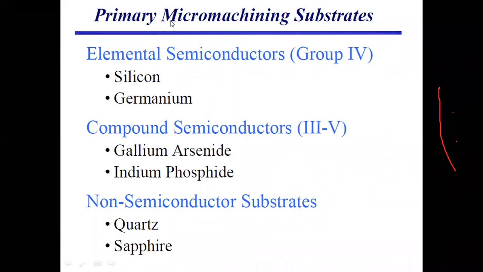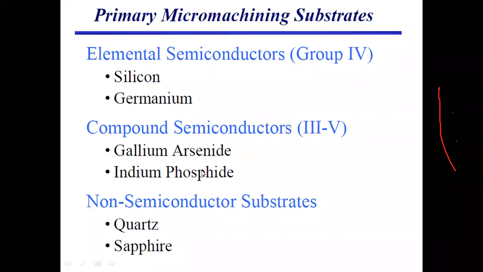So, primary micromachining substrates. Elemental semiconductors, group 4: we have silicon and germanium, from which the silicon wafers are made. Compound semiconductors, group 3 and 5: gallium arsenide, indium phosphide.